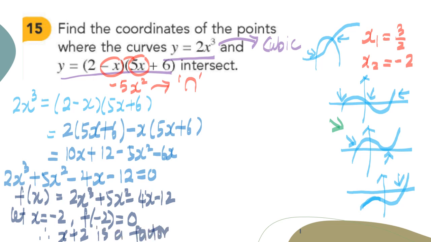The next question is, how do you find the remaining factors? You can either use long division or compare coefficients of similar terms to find the other factors. Here I'm going to use long division.